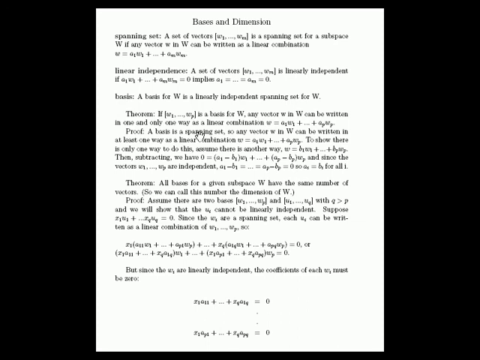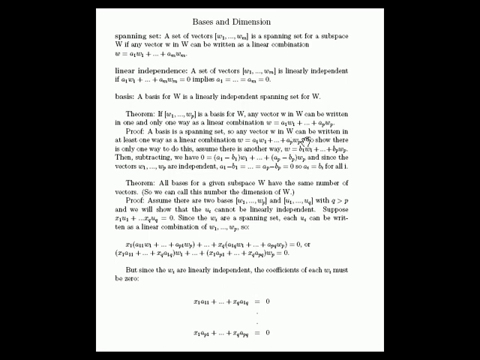And the proof is pretty simple. If a basis means it's a spanning set and independent, the fact that it's a spanning set means any vector in the subspace can be written in at least one way as a linear combination of those vectors. But if they're independent, that is, if it's a basis, then there's only one way. And to prove that, you say, well, assume there's another way to write the vector w. Let's say there's one linear combination of those p vectors, and here's another linear combination, another way to write w, a typical element of the subspace.